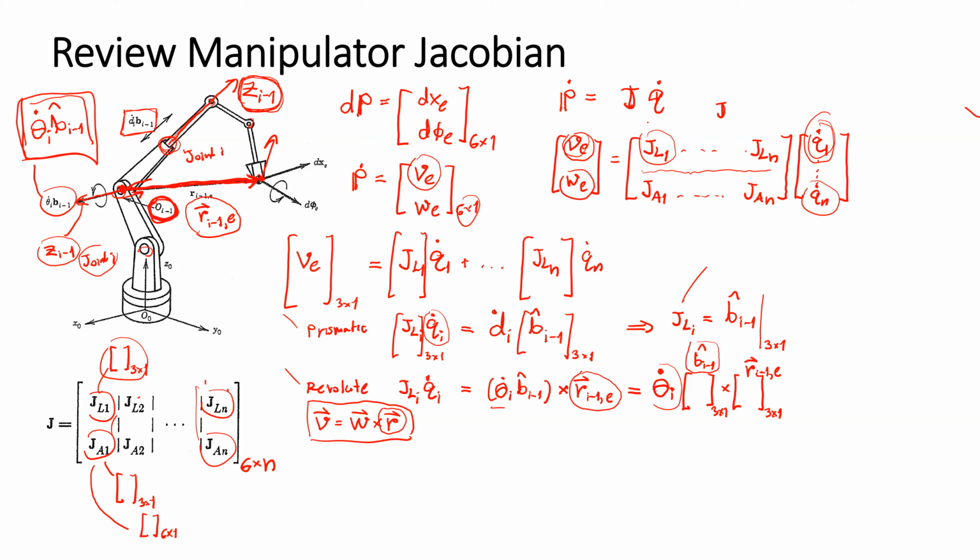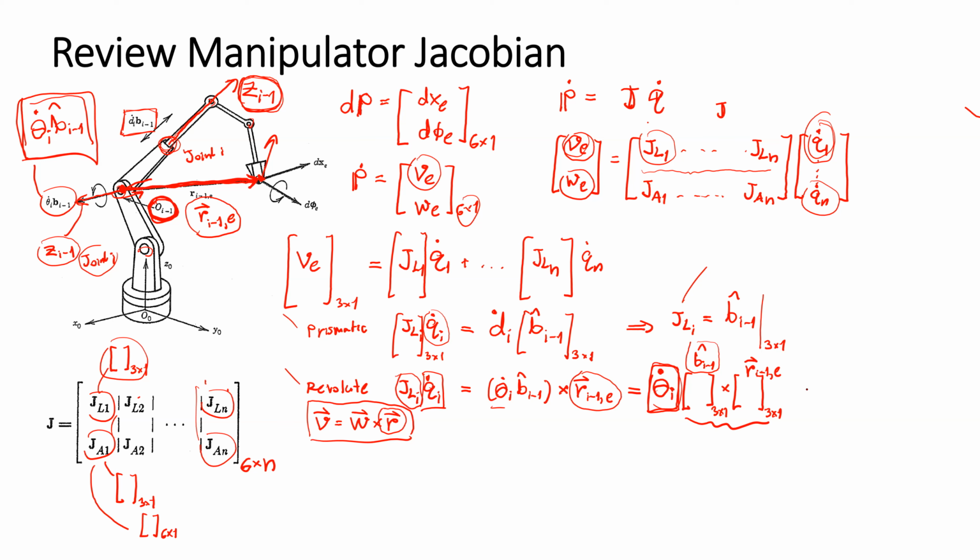So if we see here, we can see that the joint speed is this one. And the cross product of the vector should be the Jacobian vector for a revolute joint.